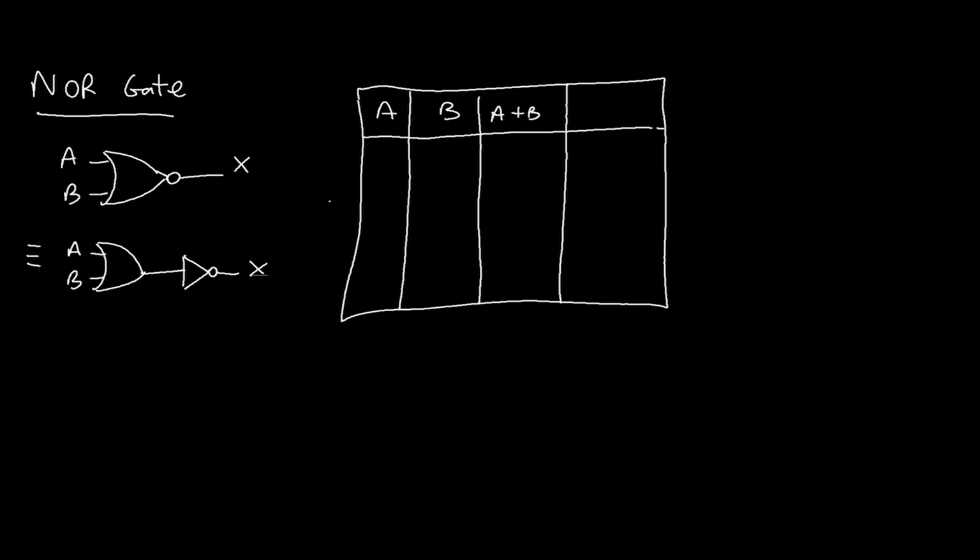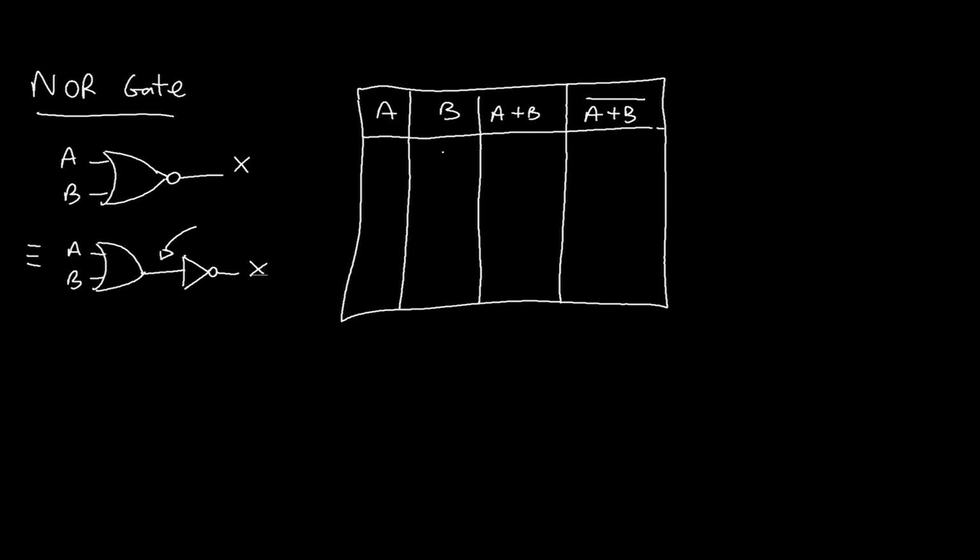Okay, so basically we're looking at this point there. Okay, A or B we're looking at there, and we would therefore have our output as the inverse of that, A or B with a bar over it.